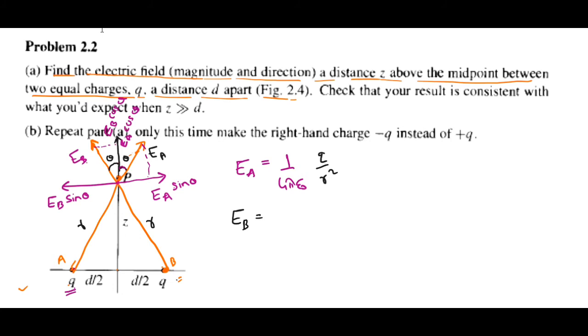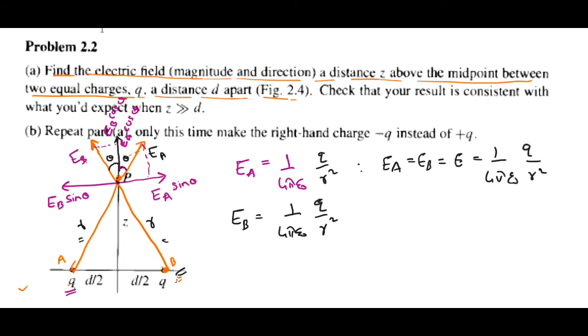EB is the electric field at the point P due to the charge placed at the point B. That electric field is 1 by 4 pi epsilon 0, once again, q divided by r square, because both have the same length. Therefore, it is clear that EA is equal to EB is equal to E. Okay, that is equal to 1 by 4 pi epsilon 0 q divided by r square.